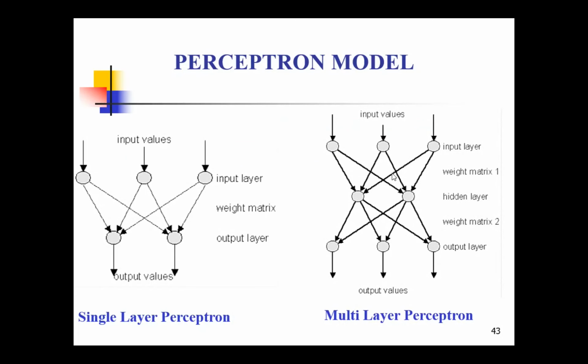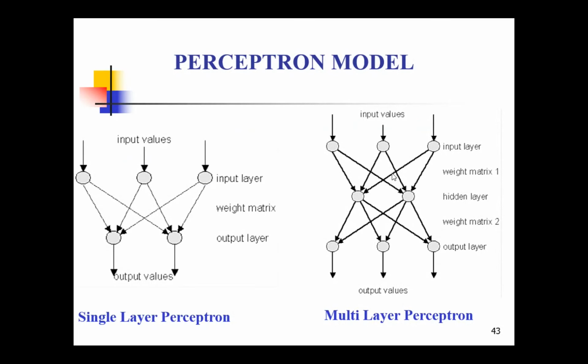Similarly, the hidden layer neurons will have an input. Now weight matrix 2 considers the sum, that is, the values of the hidden layer neurons into the weightages plus bias, which is fed into the activation function, and finally we have the output layer values.